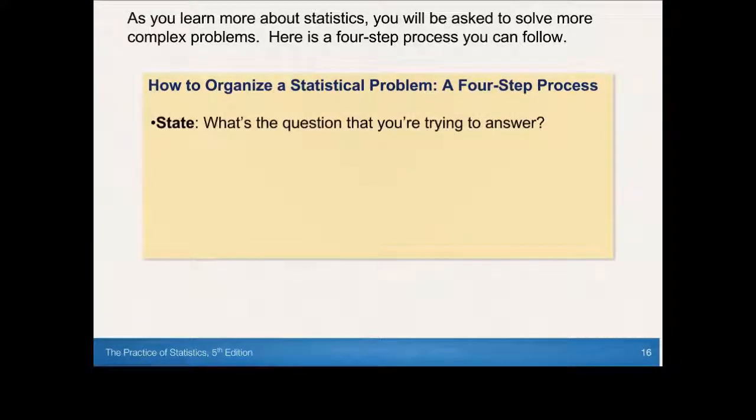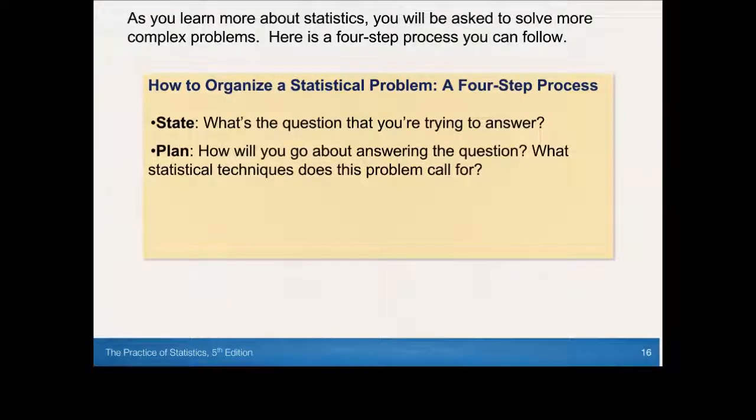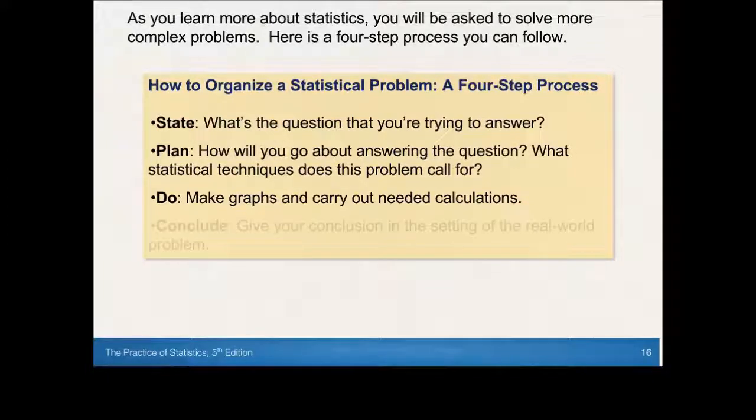You first want to state the question that you're trying to answer. You're going to plan how you're going to go about answering the question. What statistical techniques does the problem call for? You're going to make graphs. You're going to carry out the necessary calculations, and then you're going to draw your conclusion in the setting of a real-world problem. So state, plan, do, conclude.